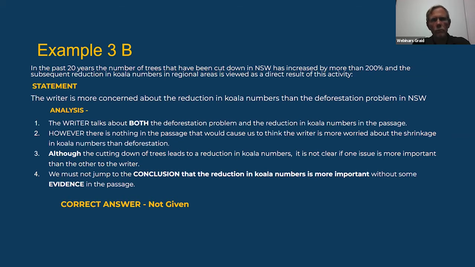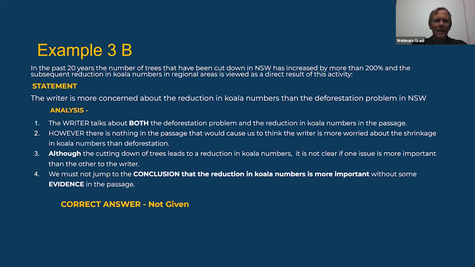Now, in our analysis, we're going to ask the question. The writer talks about both the deforestation problem and the reduction in koala numbers in the passage. They are linked. They are interdependent.